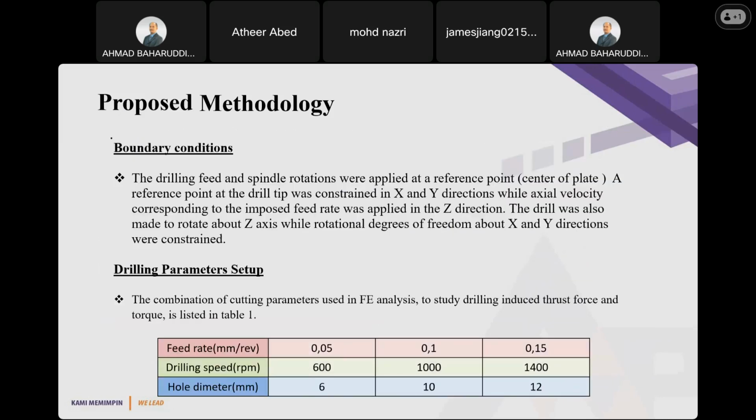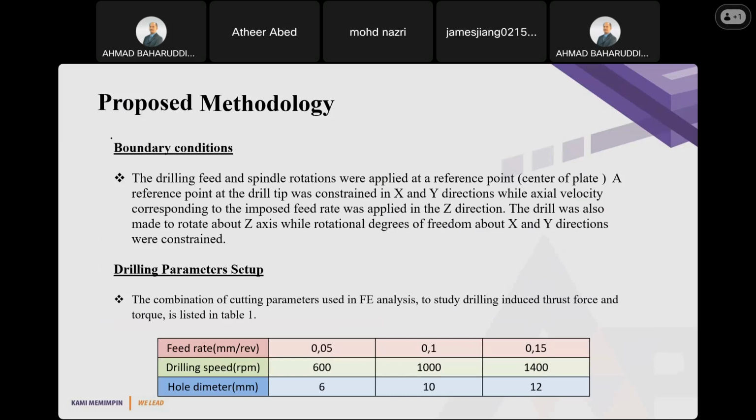Boundary condition: the drilling feed and spindle rotation were applied at a reference point, the center of the blade, and I will make the drilling only rotate about the X direction and fix the degrees of freedom about X and Y direction.